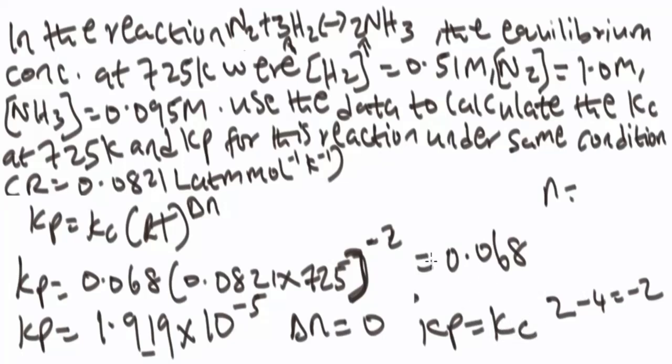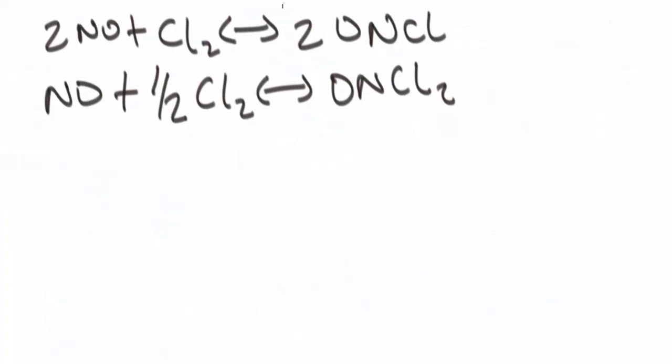Alright, before we end this video, I want to show you one more thing to note. Let me wipe this to illustrate it. When you have this kind of situation, this is reaction 1 and reaction 2. When a new reaction differs from the original reaction by a common factor n, the equilibrium constant expression will be expressed like this. So in this case, this is the original equation and this is the new equation.